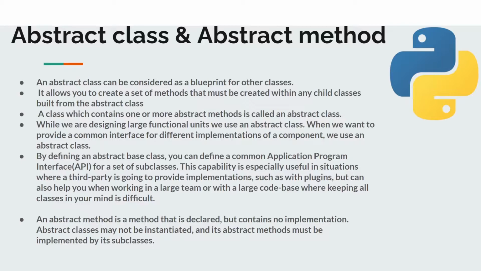When we are designing a large functional unit where the functionality of the abstract class is inherited by the subclasses, we want to provide a common interface for the different classes. Let's take the example of a common application programming interface, an API, for a set of classes. It is a programming interface that defines the interactions between different applications.